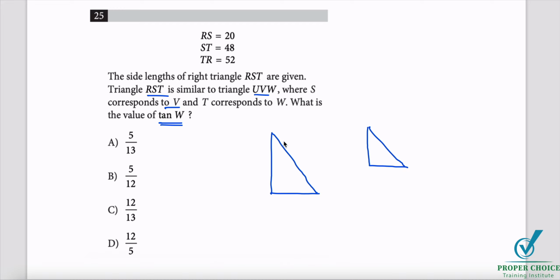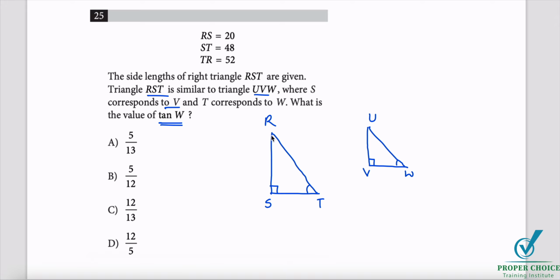Let me say it is R, S, T and U, V, W. And they also say that S corresponds to V, meaning the right angle S corresponds to the right angle V, and they also say T corresponds to W. So T corresponds to W.